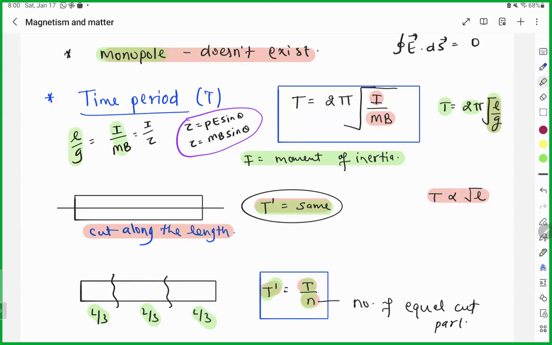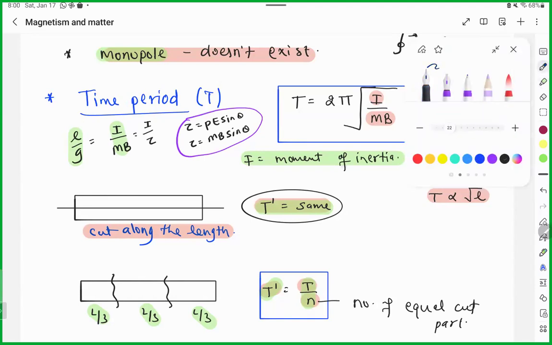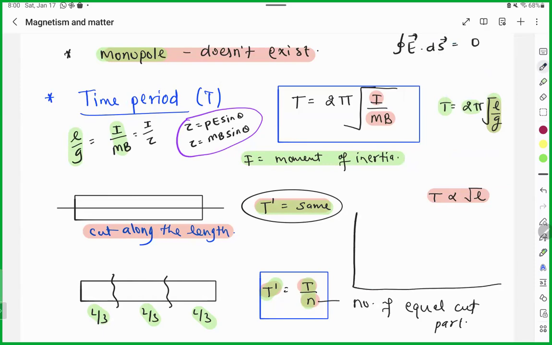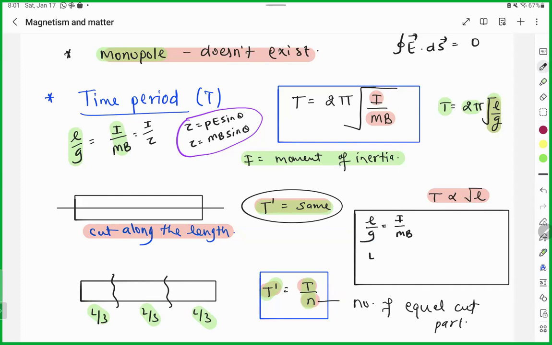One of the easiest ways to check if this is correct or not is to compare with the help of dimensions. Like we said L by g is equal to I by MB, and we want to know whether it is correct. What is the dimension of L? Length L. Dimension of g, L T minus 2. What is I? Moment of inertia from the rotation chapter is m r square.